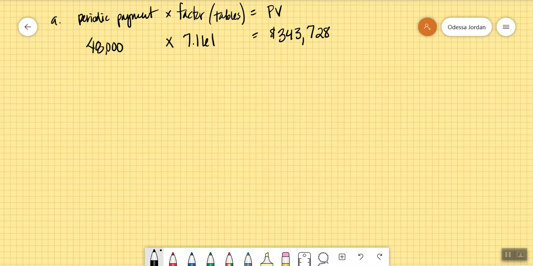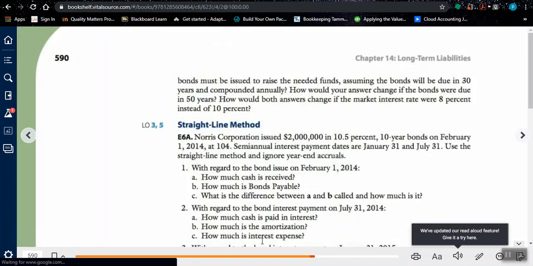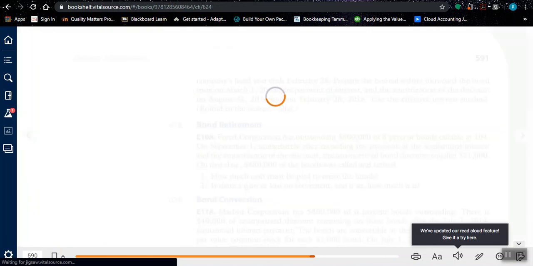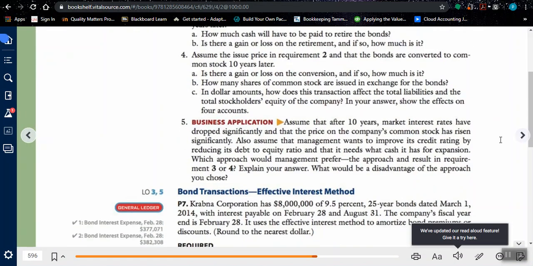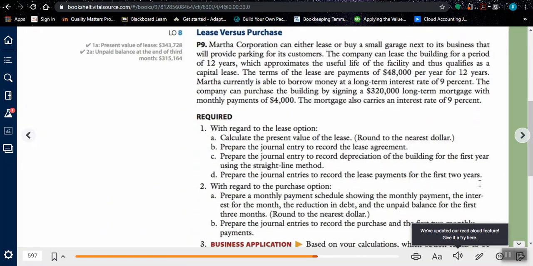So the next question that they ask us, prepare the journal entry to record the lease agreement.